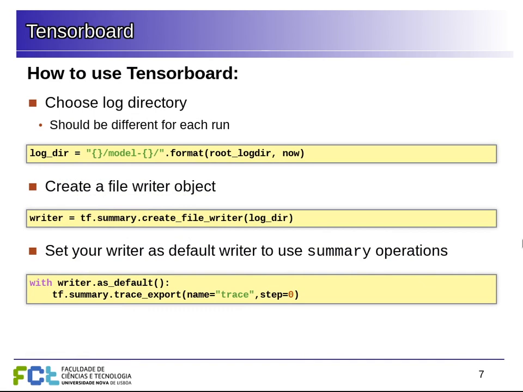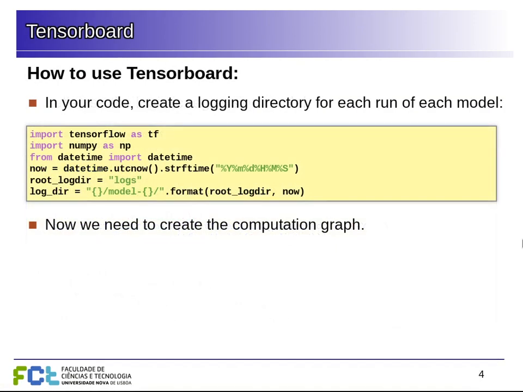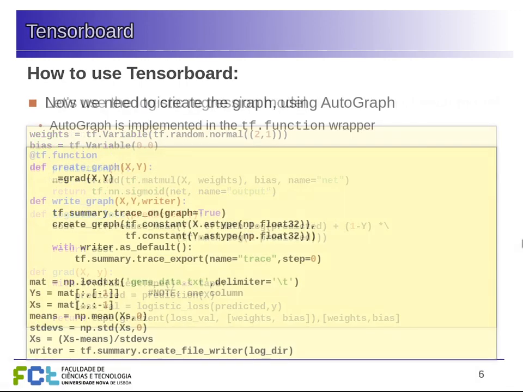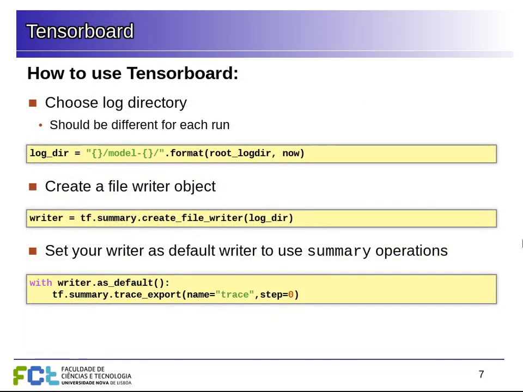To make the log dir different on each run, we use this trick here. So we create this folder for the logs for this particular run using the timestamp of the time we are running the script. This create file writer creates the object that we can use to write things to the log, and we can do this writer as default to set this object here as the default writer.